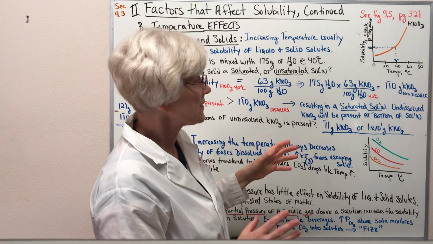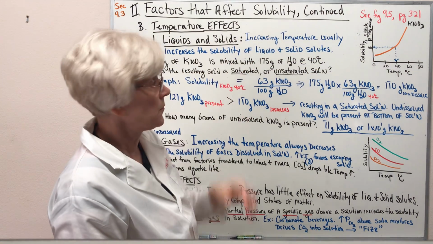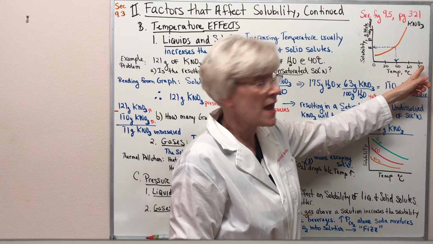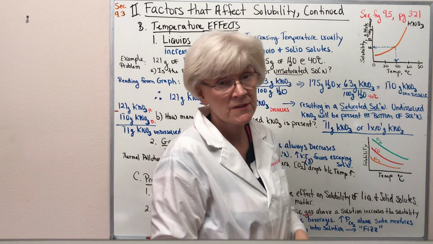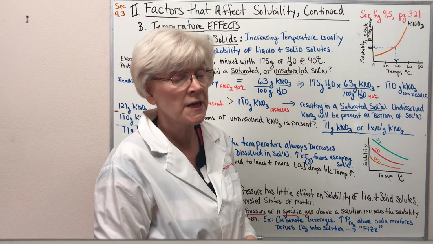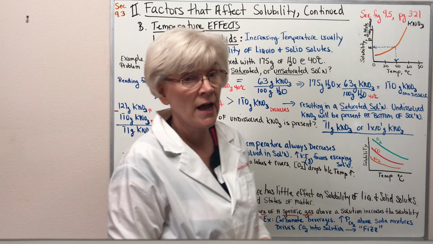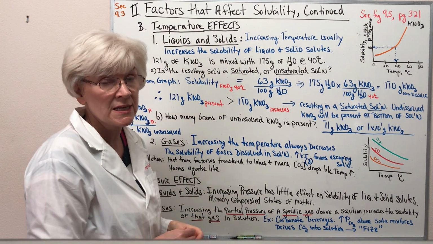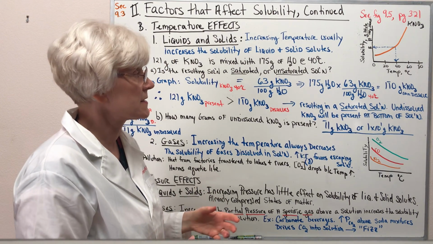And you can clearly see from the curve the illustration of the principle we just stated. As temperature is increasing on the x-axis, solubility, how many grams of potassium nitrate dissolve in 100 grams of water, is increasing on the y-axis. So solubility of potassium nitrate increases as temperature increases.